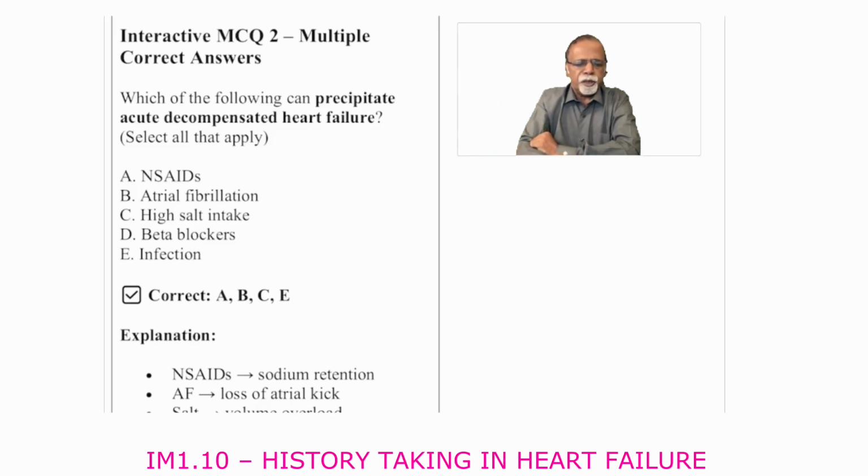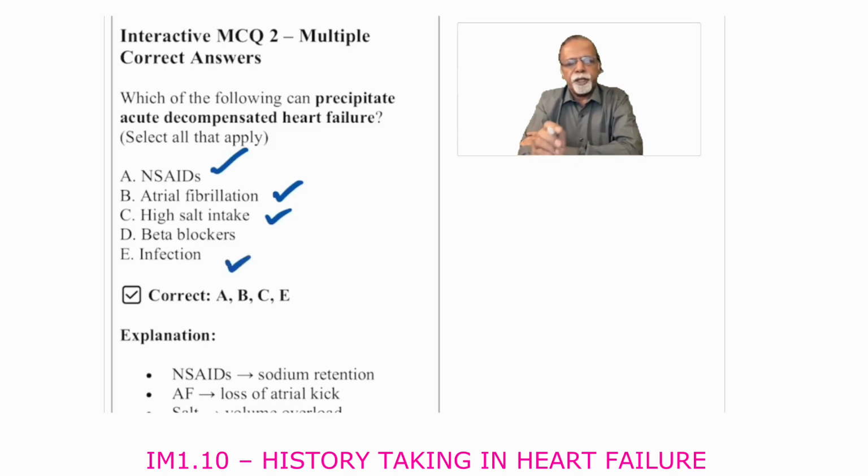Which of the following precipitate acute heart failure? What about NSAID? Yes, fluid retention. Atrial fibrillation, of course, arrhythmias. The turning point in the life history of a patient, especially with conditions like mitral stenosis, is the development of arrhythmias like AF. High salt intake.